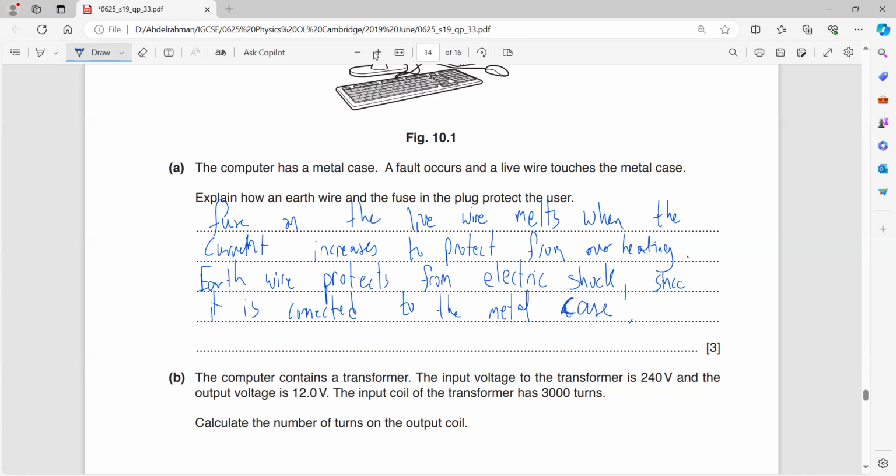If there are any electrons on the metal case and I touch it, I will get electrocuted. So what does the earth wire do? It just takes these electrons and passes them to the earth. So as users we are protected from getting an electrical shock.